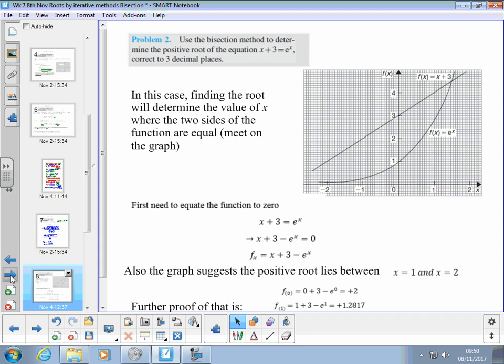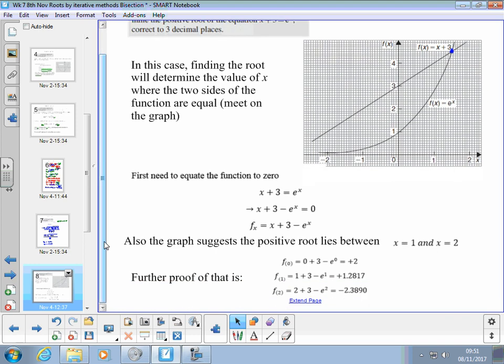Graphed both functions, and we'll look at the value of y, i.e. on the right hand side.